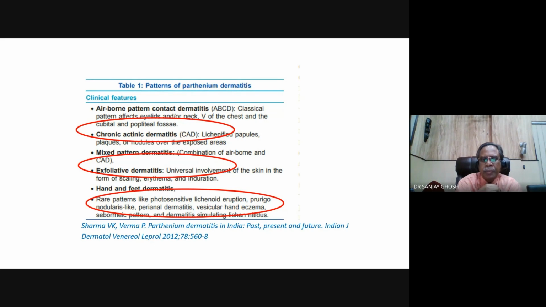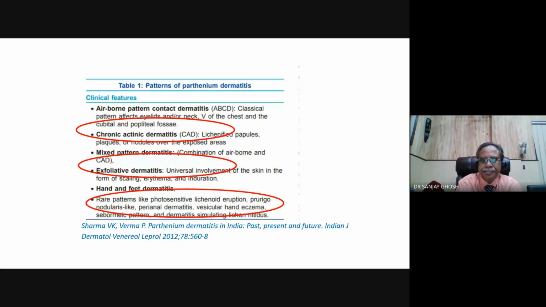This is Dr. Sharma, who is HOD of this department, and is also a good worker on contact dermatitis. Exfoliative dermatitis can happen from Parthenium, we have to keep that in mind. Lichenoid eruption, prurigo nodularis, chronic prurigo nodularis can also come from Parthenium, and vesicular hand eczema, and even a nitidus type of eruption.